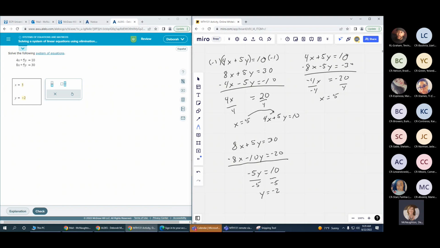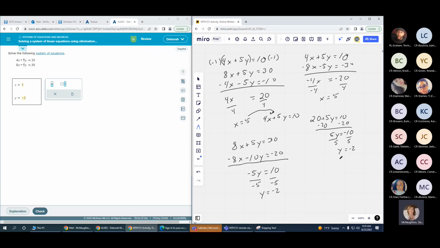If I put 5 in for my x, 4 times 5 is 20, plus 5y equals 10. Subtract 20 from both sides, and I get 5y equals -10. Then divide both sides by 5, and y equals -2.